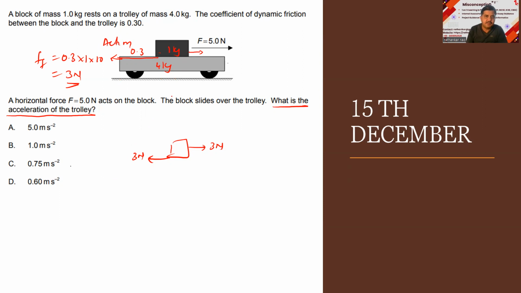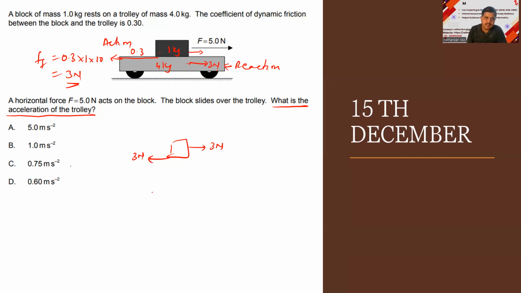If action acts on one object, reaction should act on the other object. So reaction is acting here, and it should be equal to 3 Newton once again. Remember, action is acting here, reaction is acting here. As a result, this object will now start moving, right?